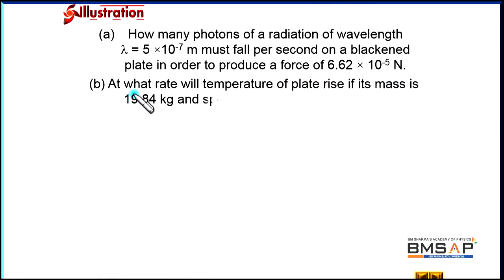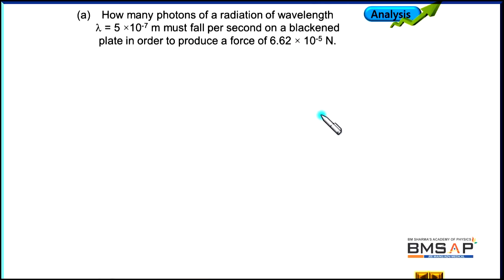And the second part of the question, it is given at what rate will the temperature of the plate rise if the mass of this plate is 19.84 kg and specific heat equal to 2500 joule per kg Kelvin. So, let us move to the first part of the question. This is the first part of the question.